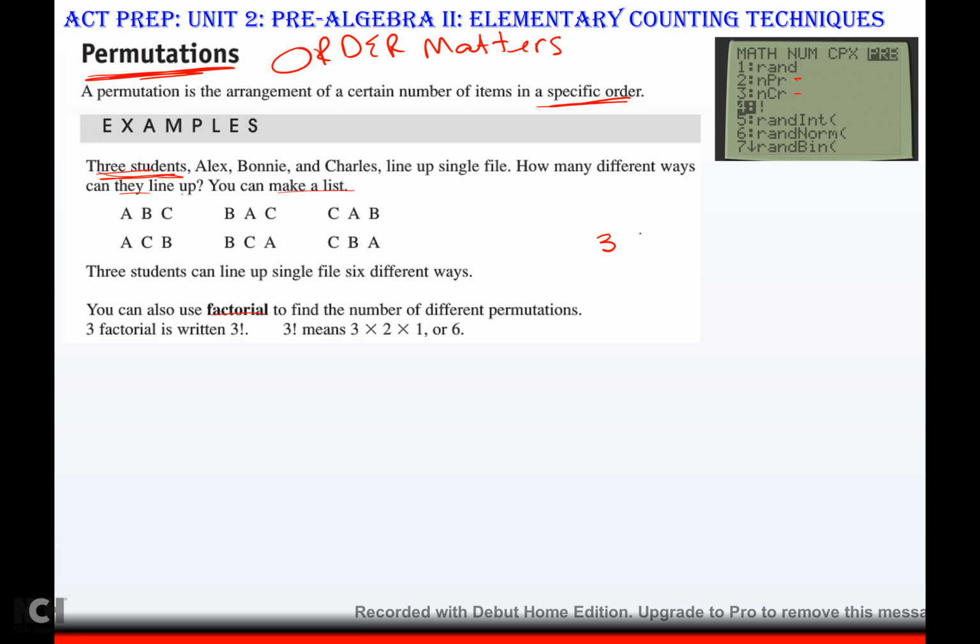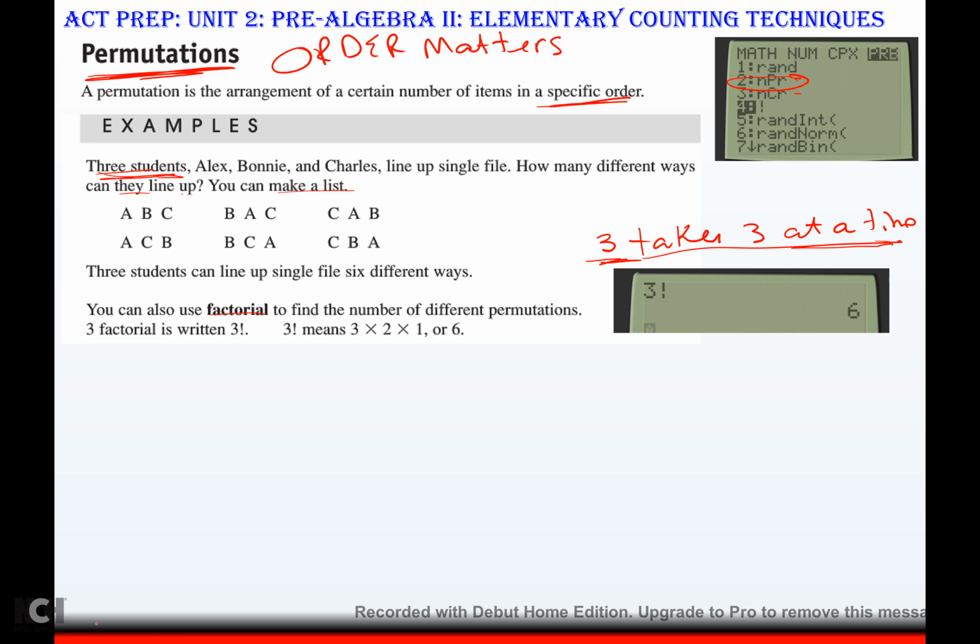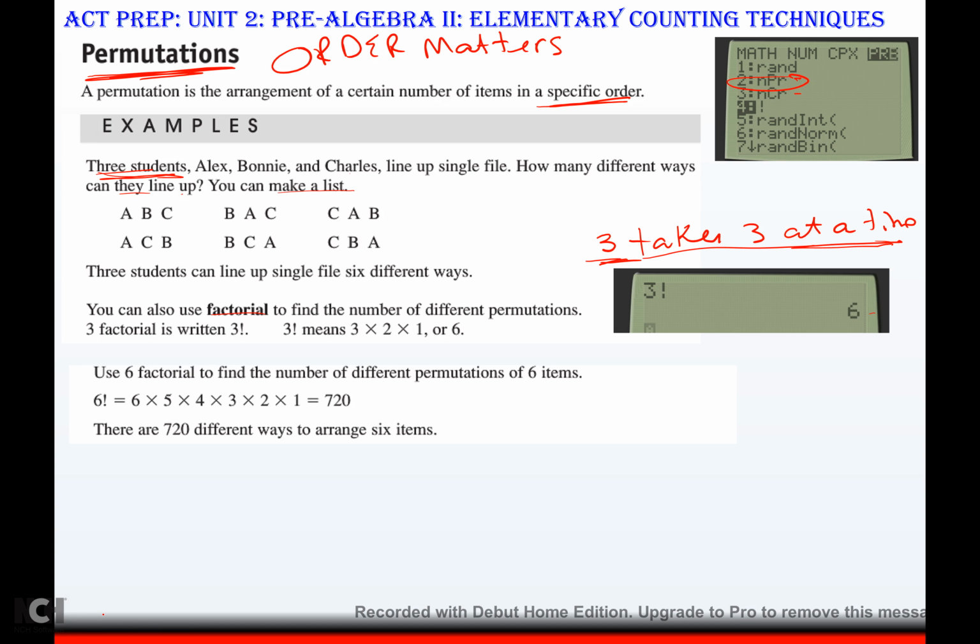You have 3 places in line, and you're taking 3 at a time to put in those 3 positions. You're picking those 3 kids and putting them in a certain order in those 3 positions. So you have 3 spots and you're taking 3 at a time. That's a permutation. And when order matters, you can type 3 factorial and get 6, but I don't really care for the factorial. The permutation makes more sense to me.